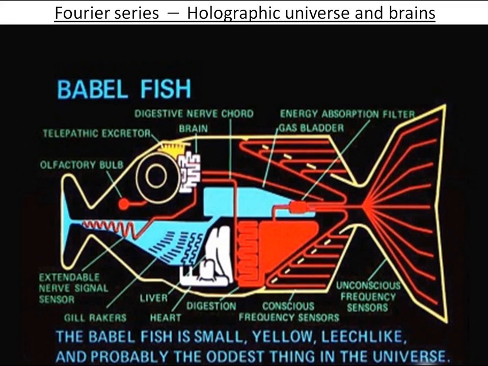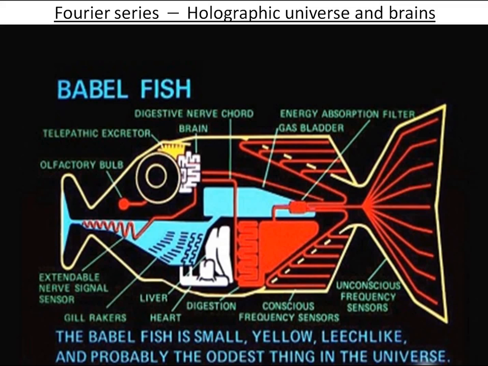The Babel fish is small, yellow, leech-like, and probably the oddest thing in the universe. It feeds on brainwave energy received not from its own carrier, but from those around it. It absorbs all unconscious mental frequencies from this brainwave energy to nourish itself.